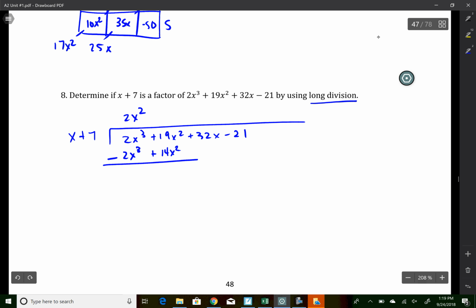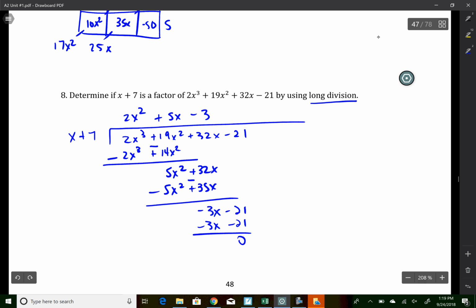Remember, change the subtraction, so that's going to bring down a 5x squared and a 32x. Well, to make that, I need 5x. So that's 5x squared and 35x. Change to subtraction. Negative 3x and negative 21 gives me a minus 3. So we wind up getting the same thing here, meaning no remainder. No remainder means this is a factor.